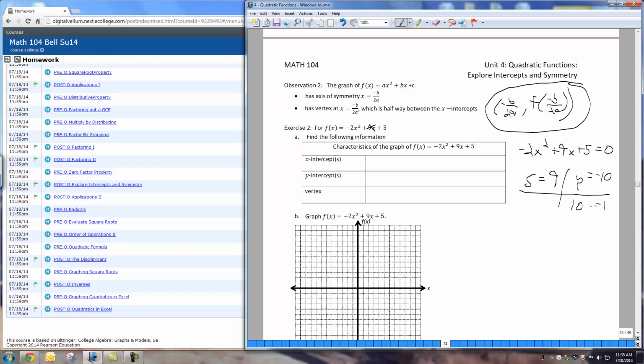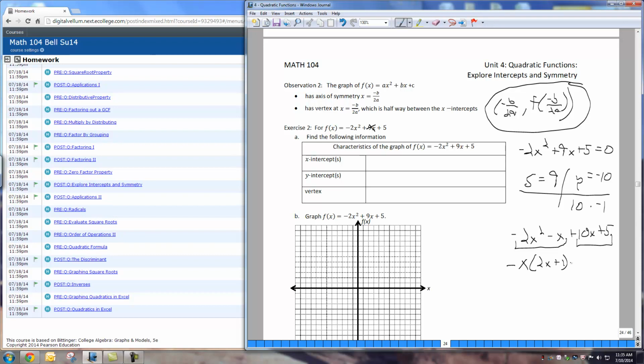So now I'm going to group the negative 1 with the 2, and I'm going to group the 10 with the 5. So this goes negative 2x squared minus x plus 10x plus 5. I'm going to factor by grouping. So negative 2x squared and negative x both have a negative x in common. So we're left with 2x plus 1.